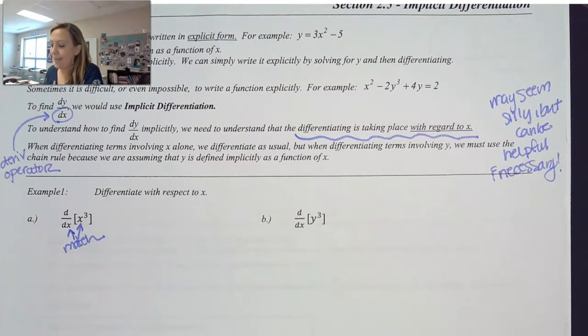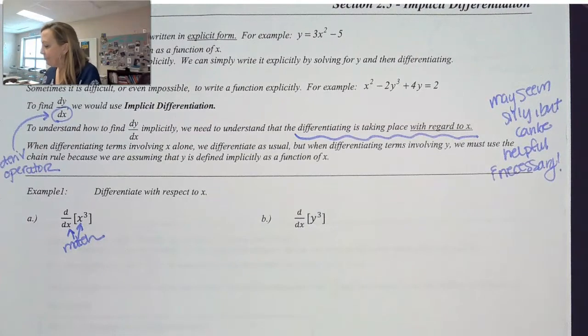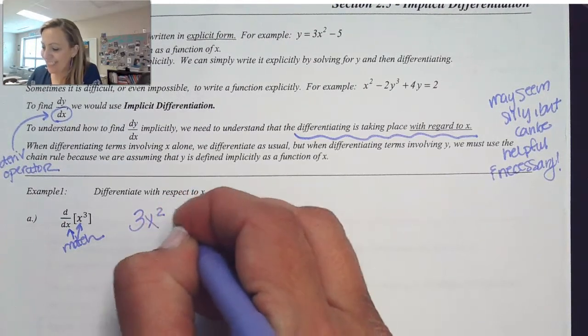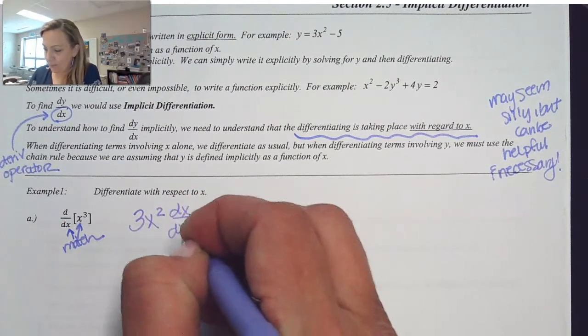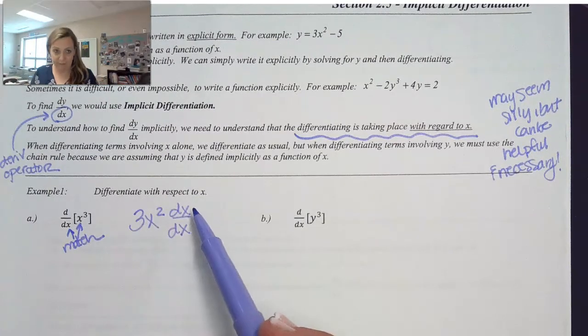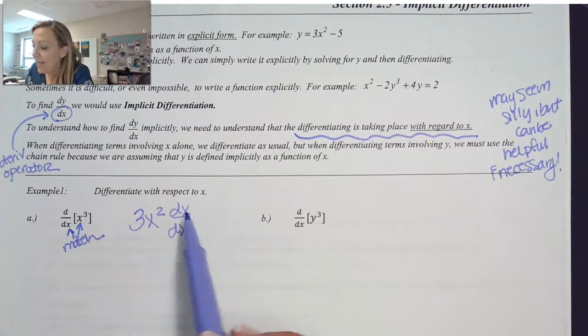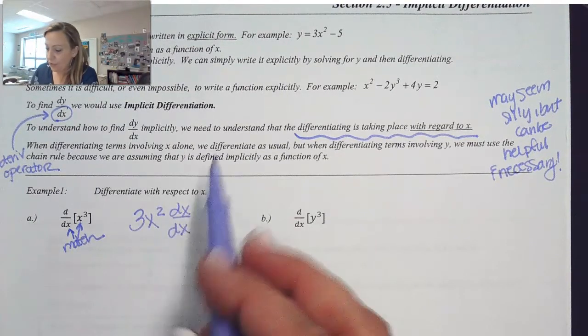And so what's happening is we're really taking 3x squared dx dx, and that dx dx is really just 1.